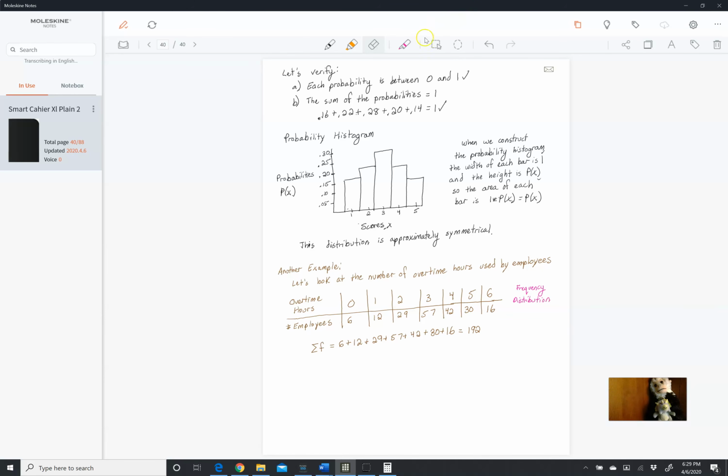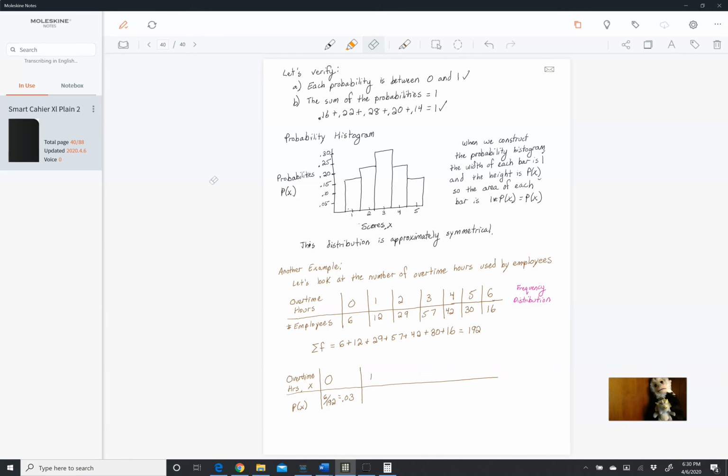Now we're going to construct the probability distribution. So our probability distribution is still overtime hours. It's still our random variable, which we'll call X, and then our P of X. So the probability that our next person takes no overtime is 6 out of 192, meaning a probability of just 0.03.